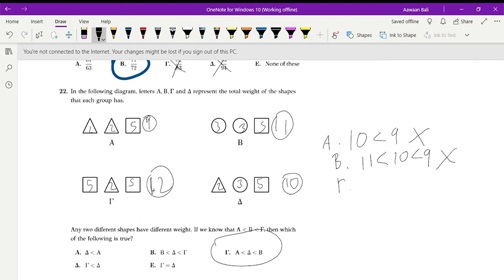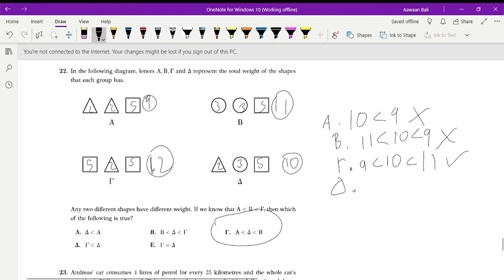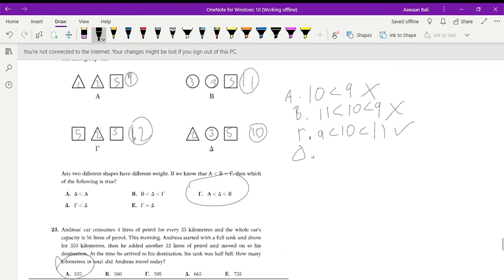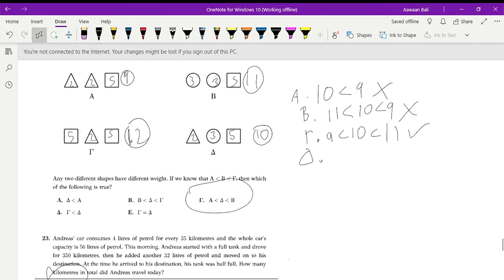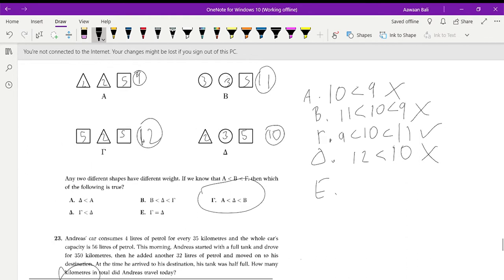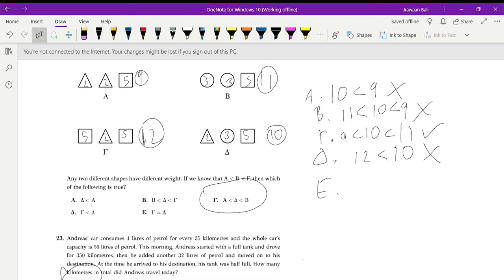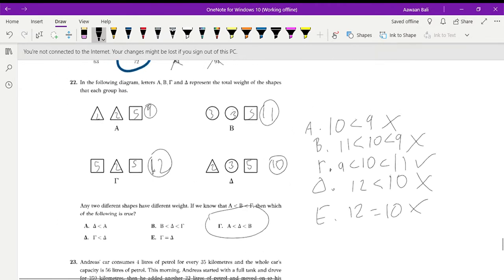Gamma, it's correct, because if we have alpha, that's 9, delta is 10, so that follows, and then there's beta, so that follows also. Now we have delta, and that's definitely wrong. And then finally the last one says gamma is equal to delta, and that's basically saying 12 is equal to 10, which is also wrong. So therefore gamma is the answer.